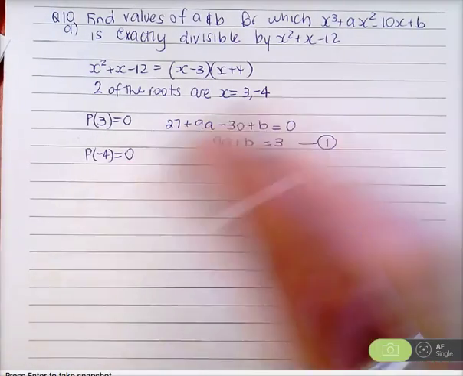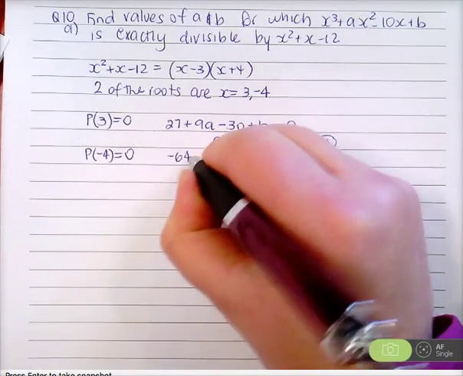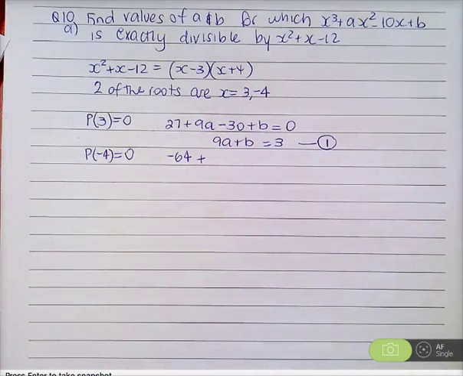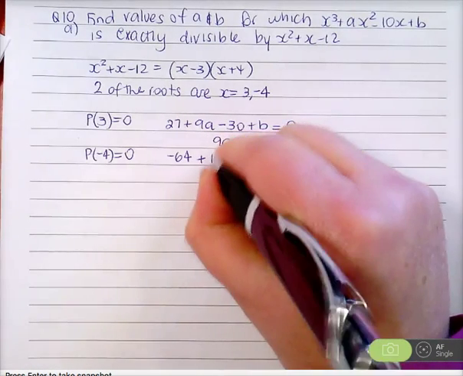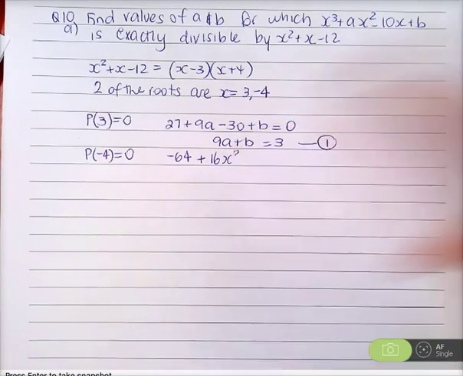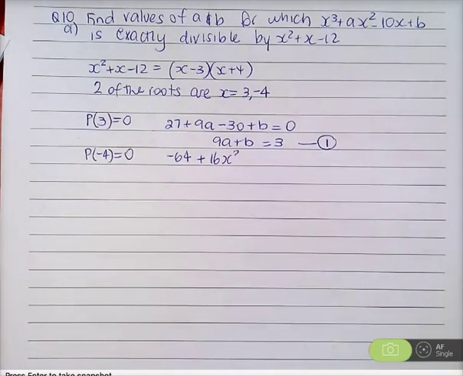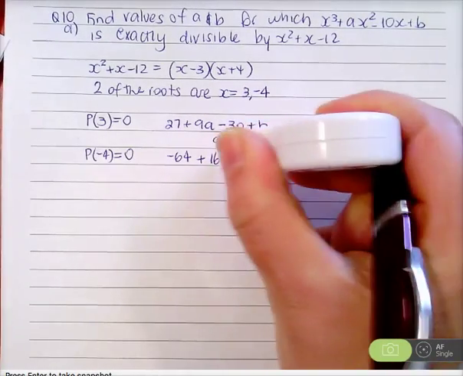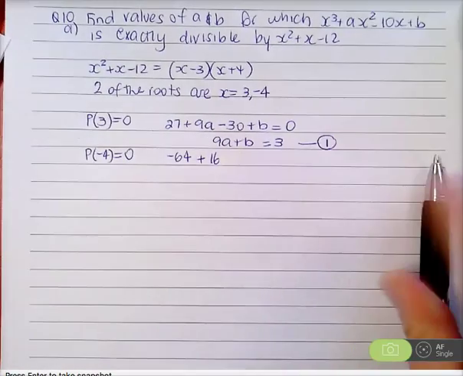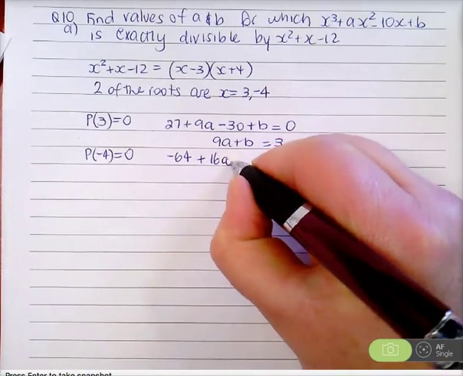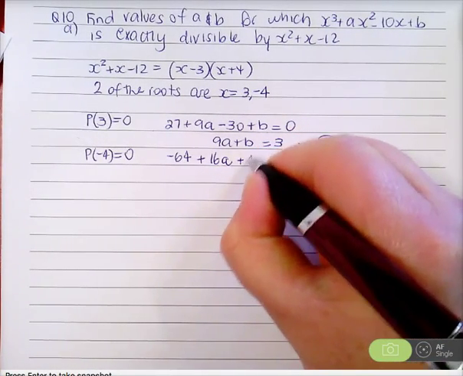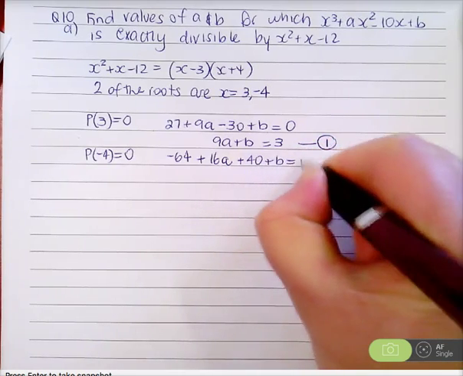And if you put in negative 4, you get negative 64 plus 16a plus 40 plus b is 0.